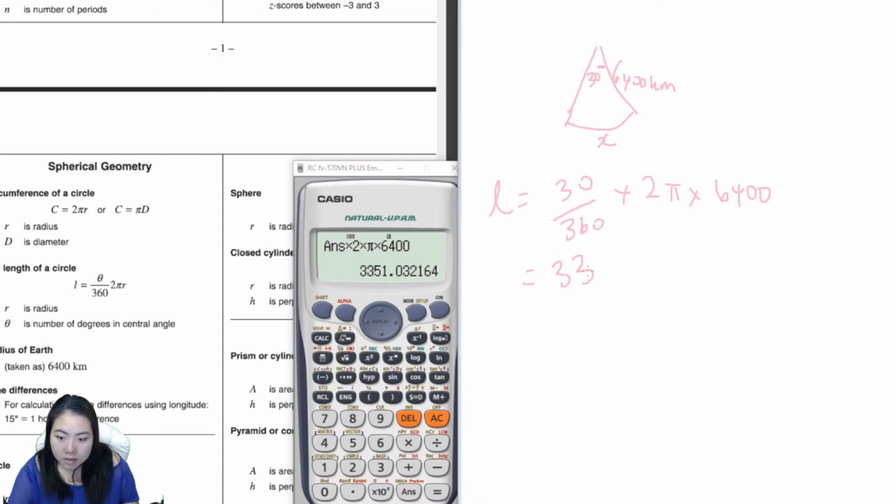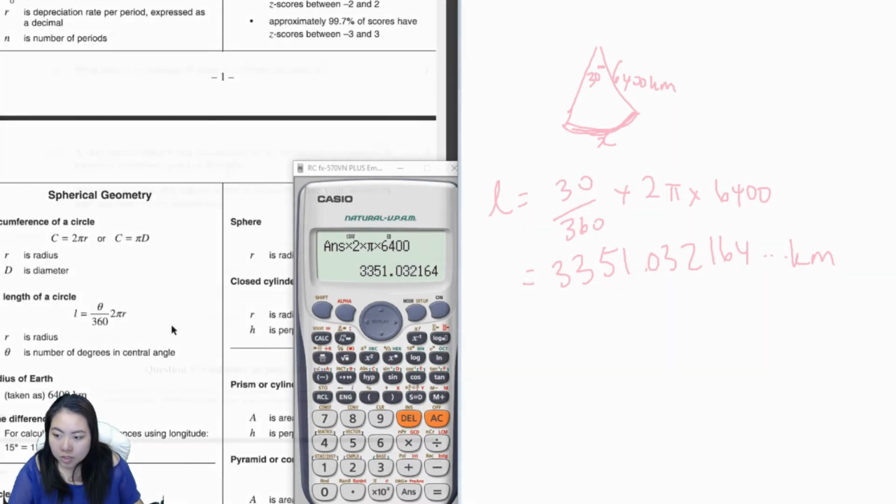That is the distance at which the boat has to travel. Now keep this number on your system, don't clear it because we want to use the entire number. So that's this length here, and that would be in kilometers because that's given to us in kilometers.